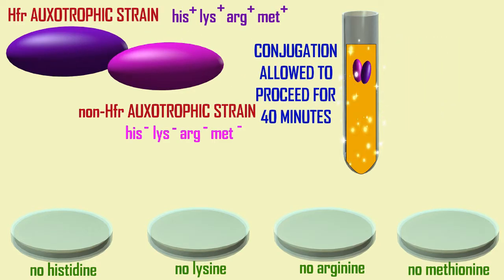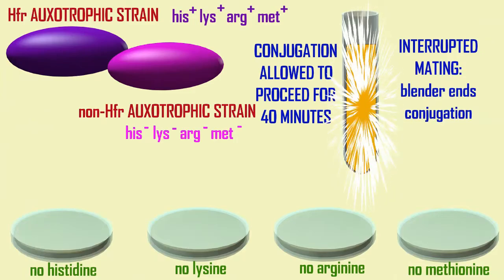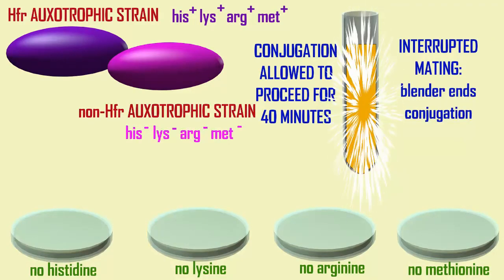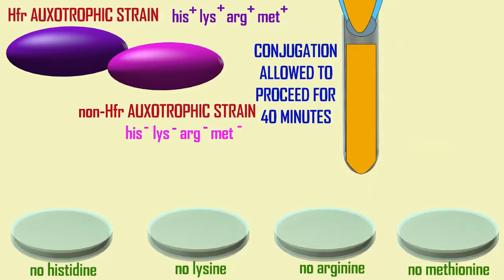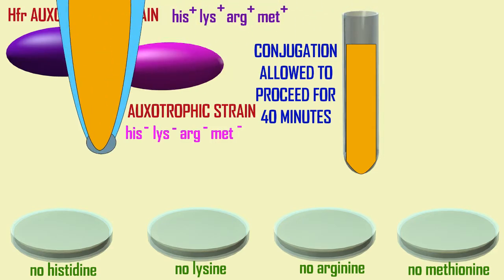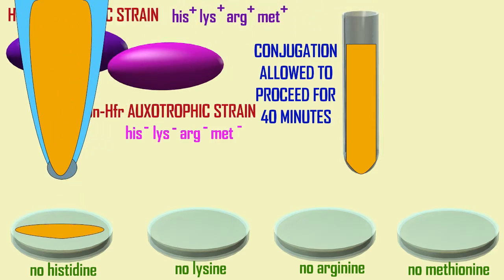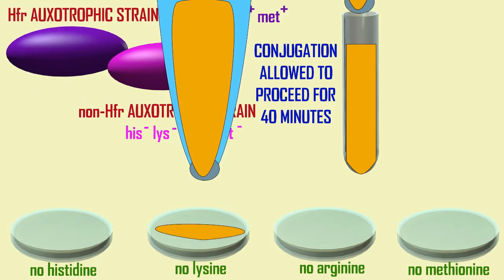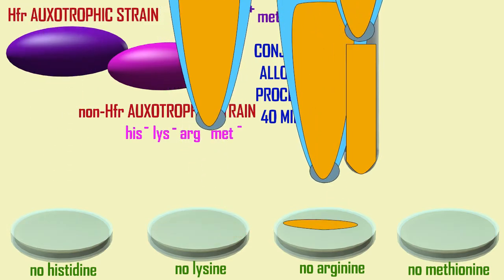So only those bacteria which have received a new gene for histidine synthesis would be able to survive on the plate without histidine. Only the pink bacteria which have undergone conjugation and received a gene for arginine synthesis would be able to survive on a plate without arginine.